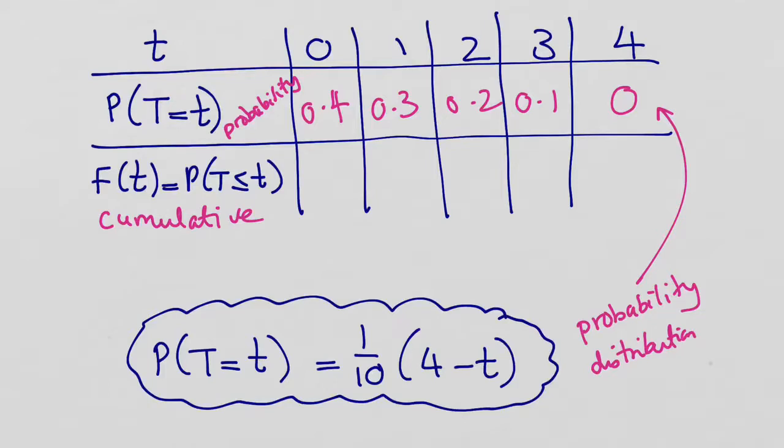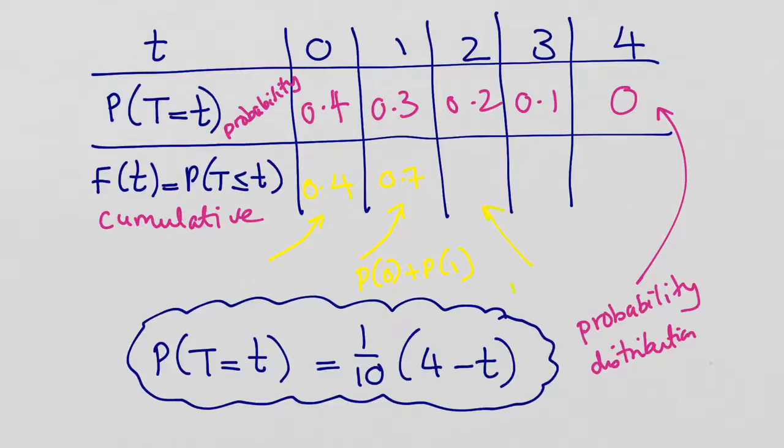But I want the cumulative distribution. Okay, so this one here, that's just going to be 0.4 because that's just the probability of 0. This one in here, that's going to be the probability of 0 plus the probability of 1. So that's 0.7.